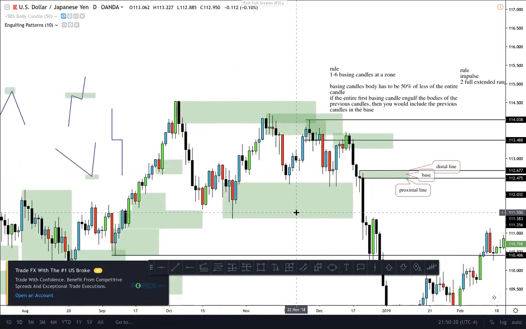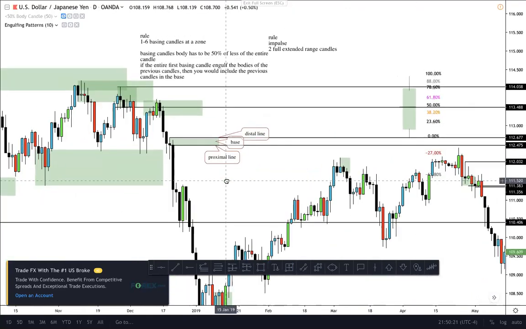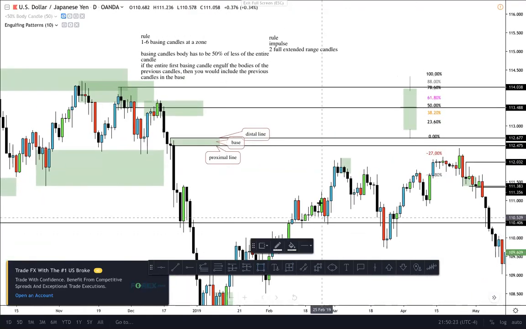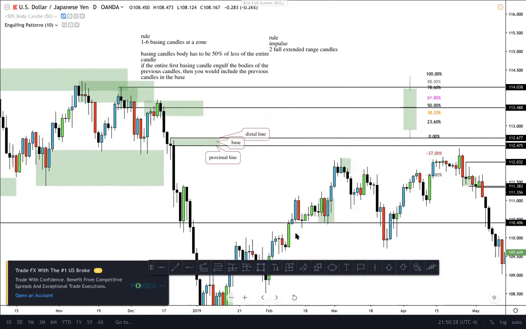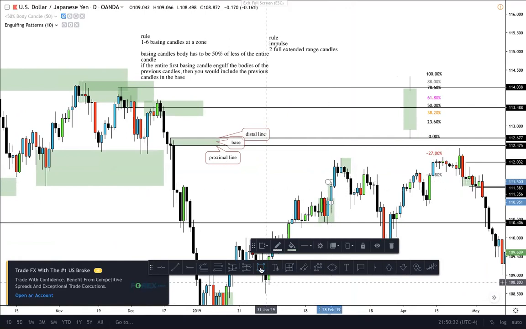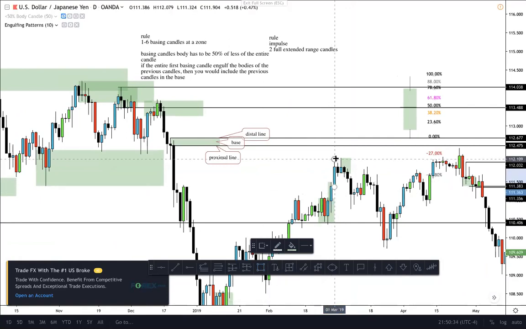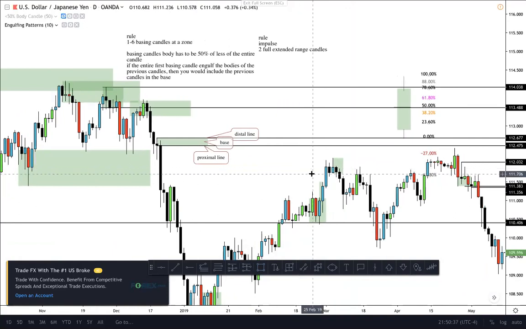So for example, this base right here, you had two full candles leaving the zone, two green candles leaving the zone. That tells you that the market departed from the zone with strength.